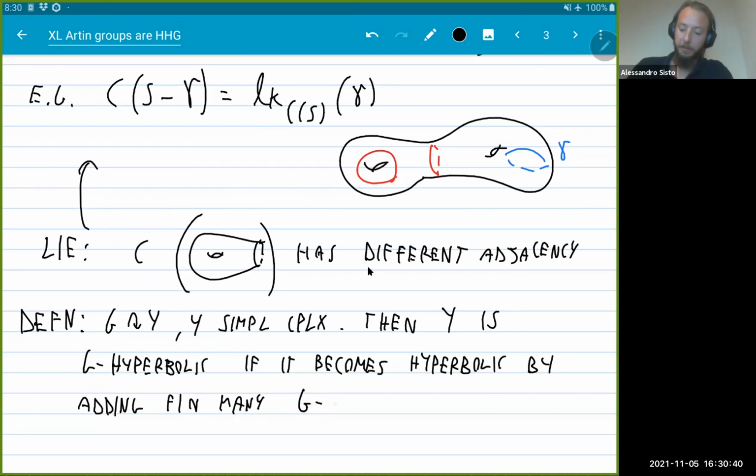Basically, this is also how you construct Cayley graphs. You have G acting on itself, considered as a discrete space, and then you add finitely many orbits of edges in a way that makes it connected. Very good. And this is the only definition I need for the criterion.